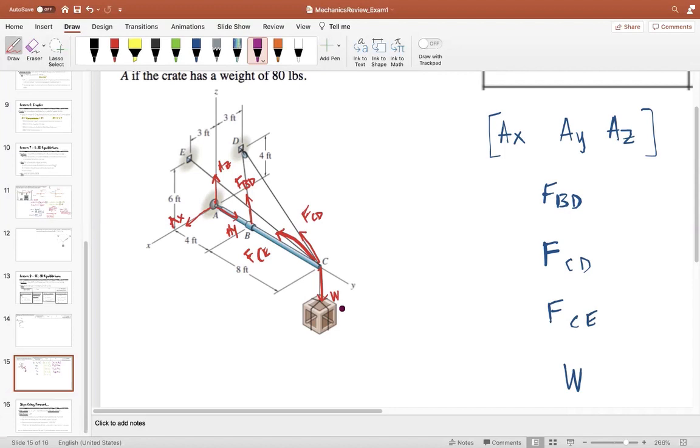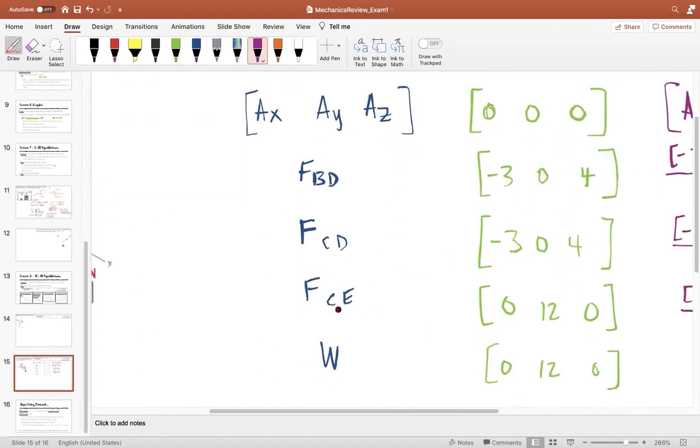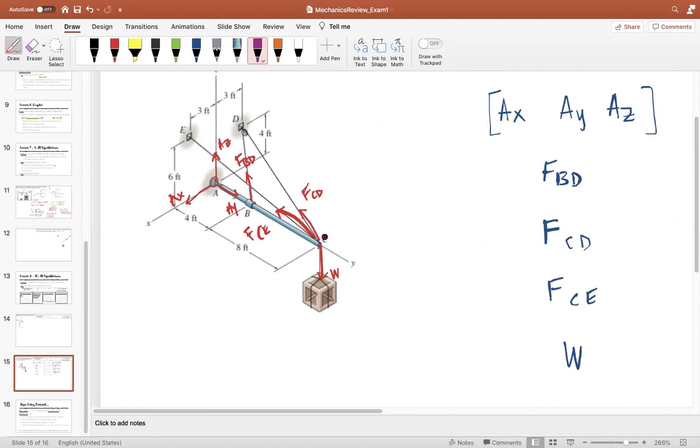Oh, yeah, 0, 12, 0 was the one for the R in the second column. You're describing the distance from A. You want a unit vector in the direction that the force itself is going for this next column.